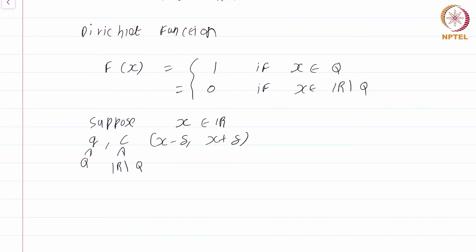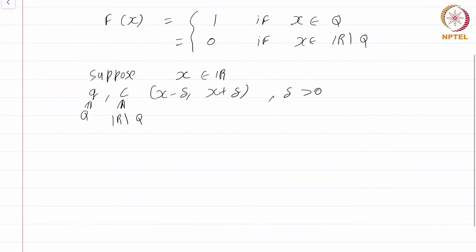We have already seen that Q is dense in R. So any interval x minus delta comma x plus delta, delta greater than 0, will contain both a rational point as well as an irrational point. So f of q is 1, whereas f of c is 0.